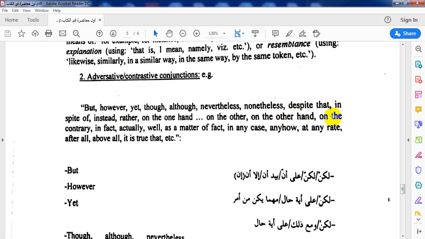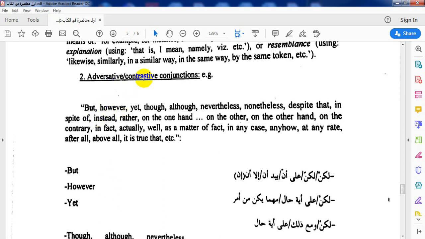This is another: on the contrary, in fact, actually, as a matter of fact, in any case, anyway. You can use this in your writing when you write a research and you want to connect your ideas in a more comprehensible way. You have to know the meanings of those connectors first, so that you can use them in the proper way, or in a more appropriate way.